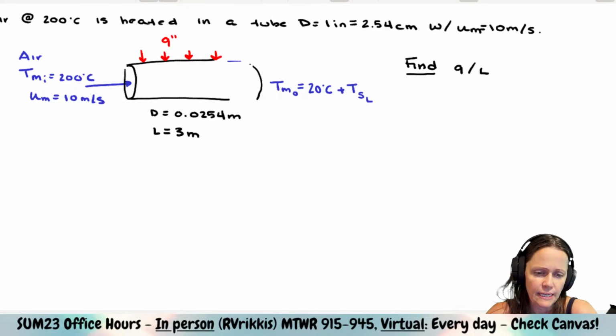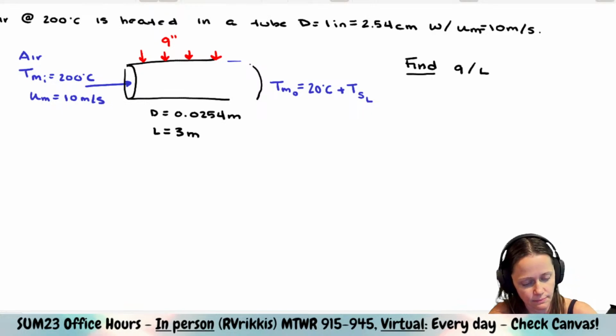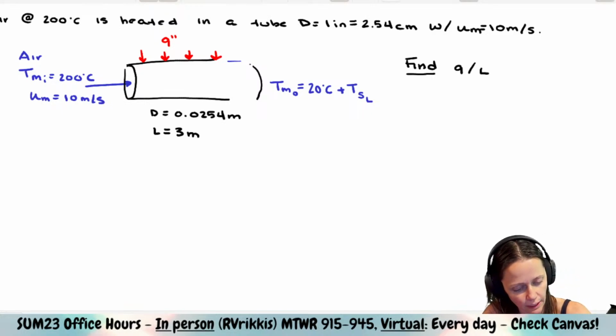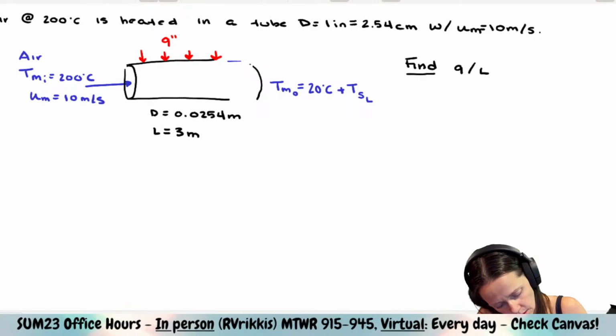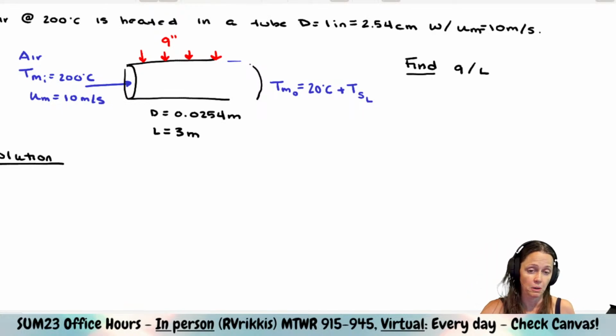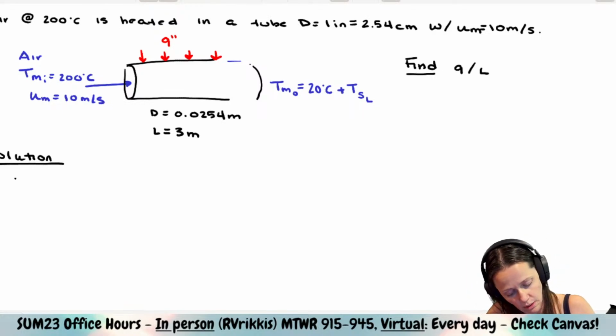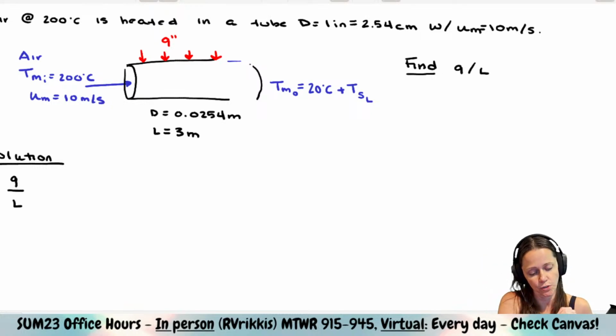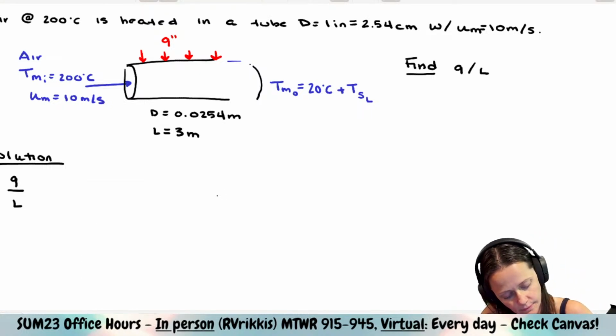And so we want to find Q per unit length. So, okay, here we go. All right, well, Q per unit length. So I'm going to apply Newton's law.